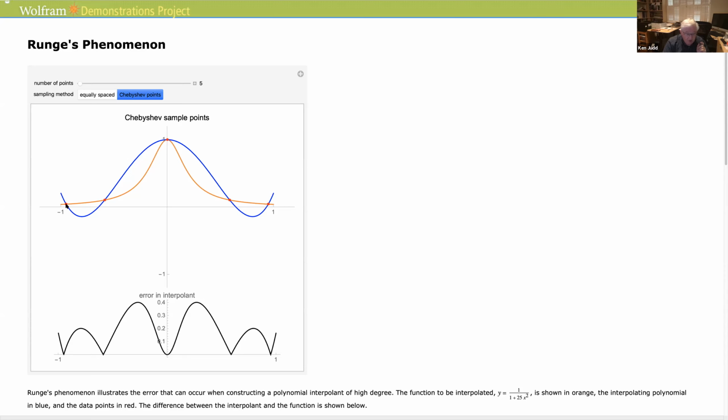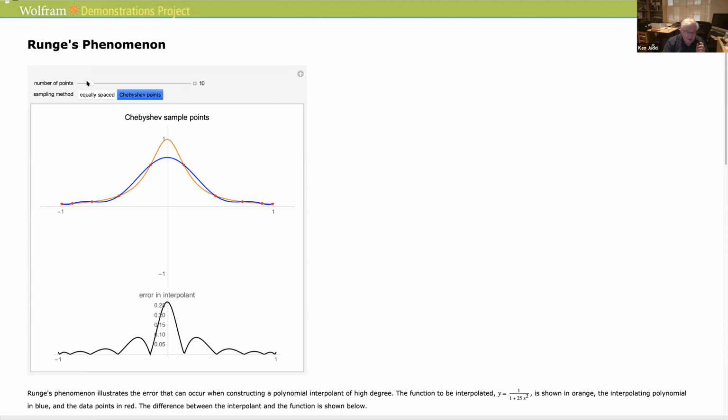You're going to have this point, which is a little bit bigger than -1, corresponding to this point, a little bit less than 1. And of course, x equals 0 is going to be there. And then you're going to have these two numbers, which are closer to 1 than to 0. Now, that's nothing to write home about. But now let's increase the sample points up to 10.